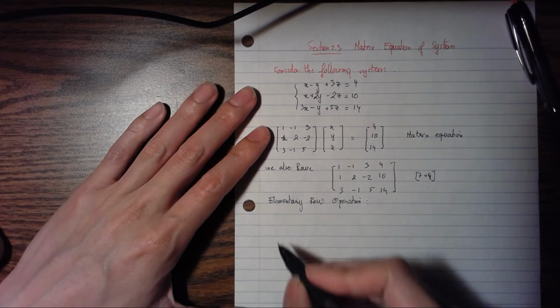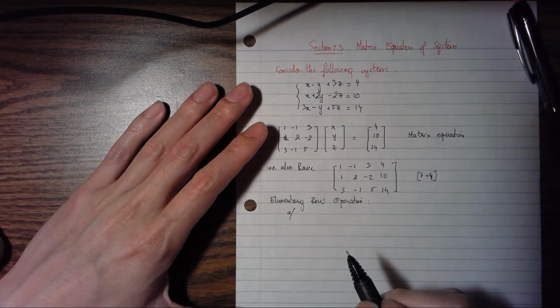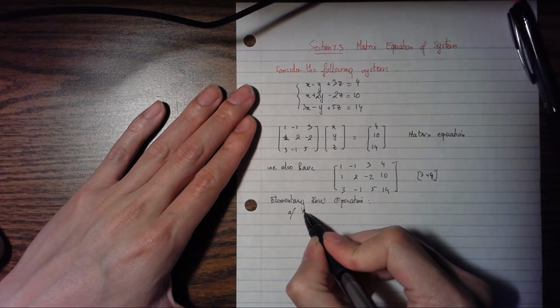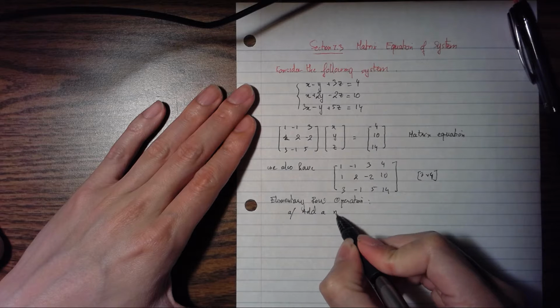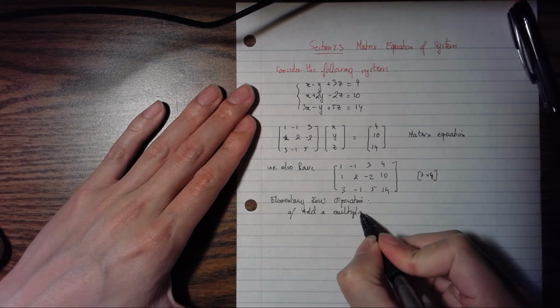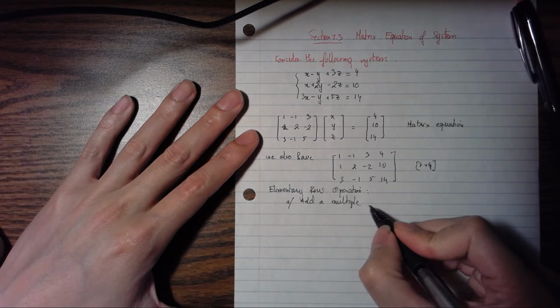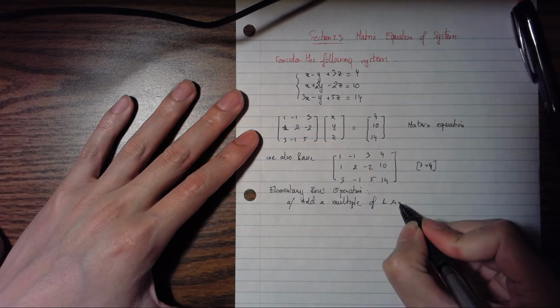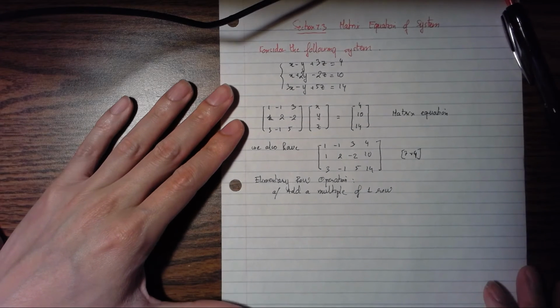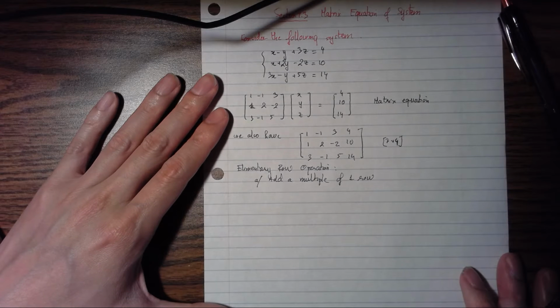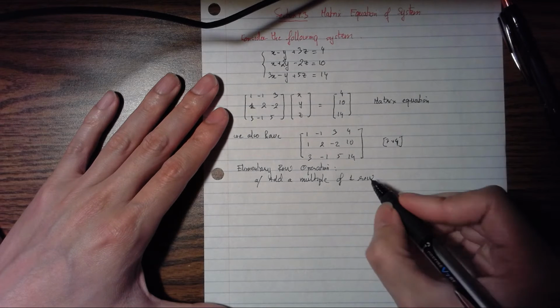The first one is to add a multiple of one row to another.